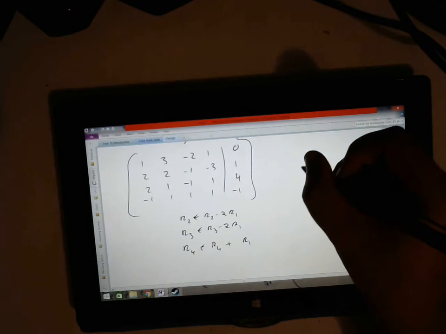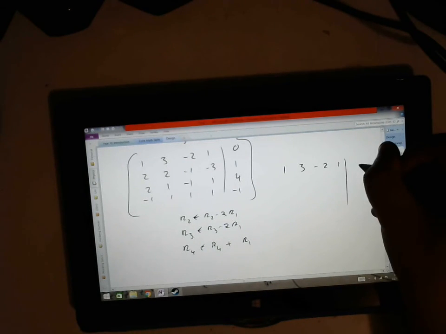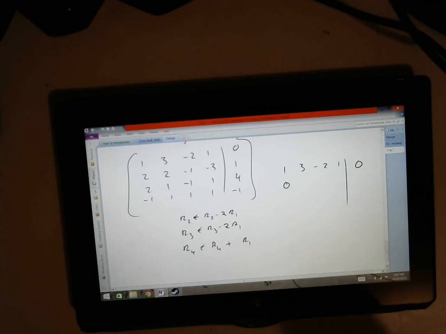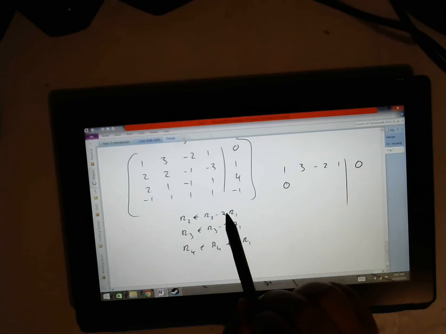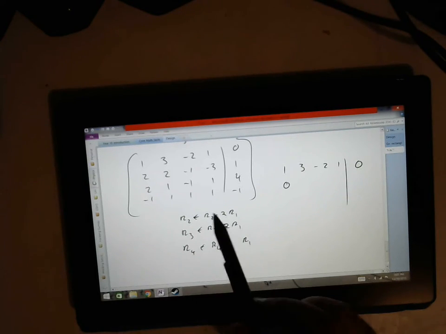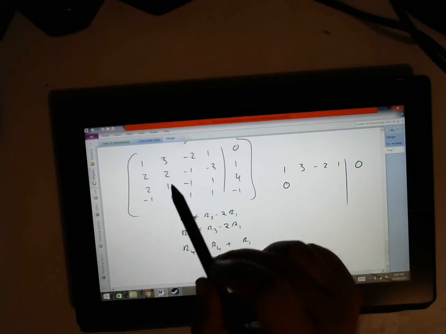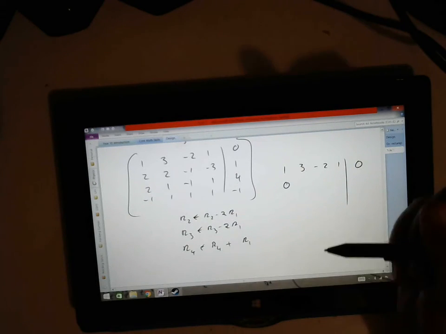So we're going to end up, top row is going to be 1, 3, minus 2, 1, augment 0. This is going to go to 0, just because it should. And if I check that, 2, take away 2 lots of 1. 2 take away 2 times 1 gives us 0. Great. 2, take away 2 groups of 3, minus 4.